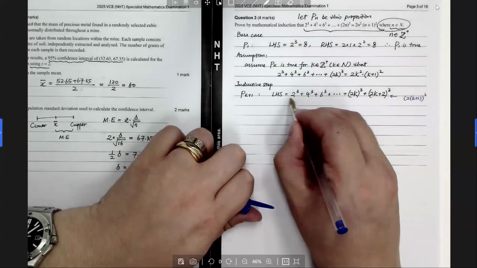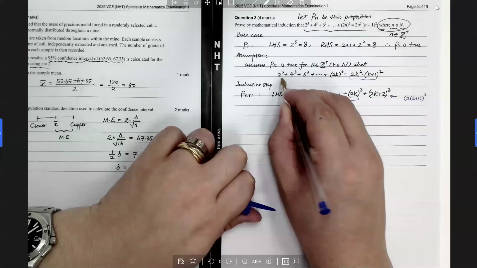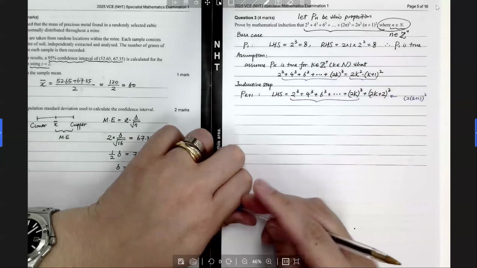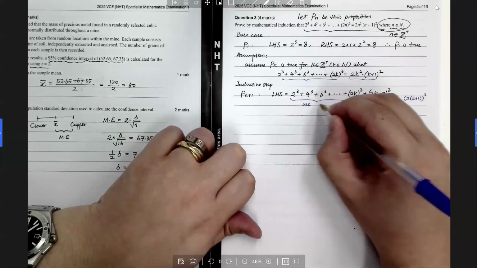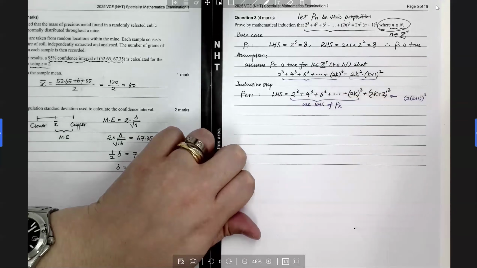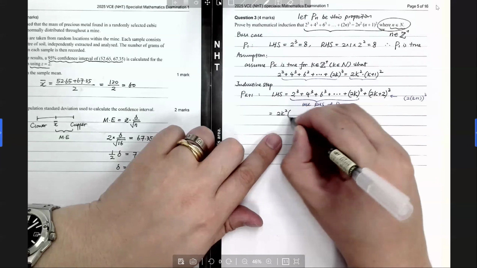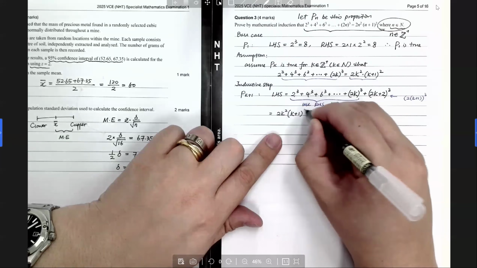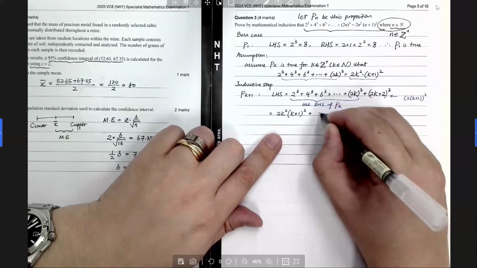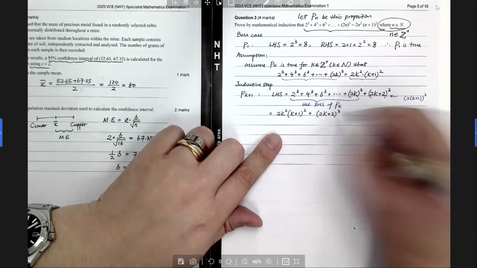And then you need to use the right-hand side of the assumption. So we put a phrase here: use RHS of Pk. So now I'm going to get 2k squared times (k plus 1) squared plus (2k plus 2) to the power 3.